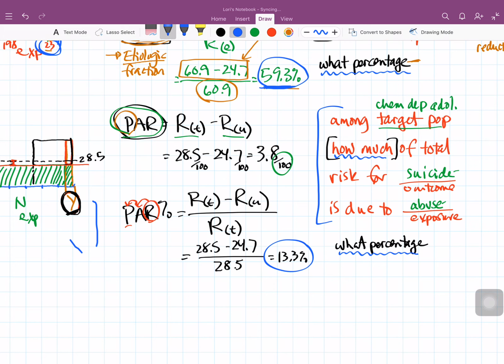So 13.3% of the total number that had the suicide, the 63. So we could have prevented approximately 8 suicides if we had known that this exposure would lead to the outcome that we're interested in looking at, and we were able to have some kind of intervention that would prevent those.